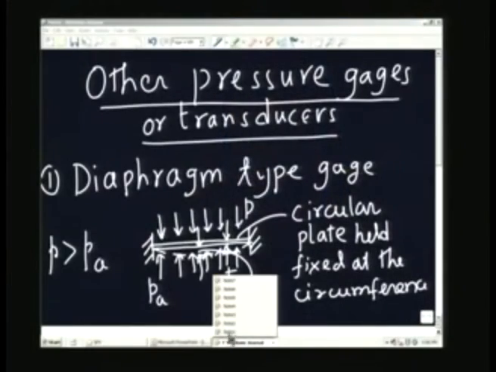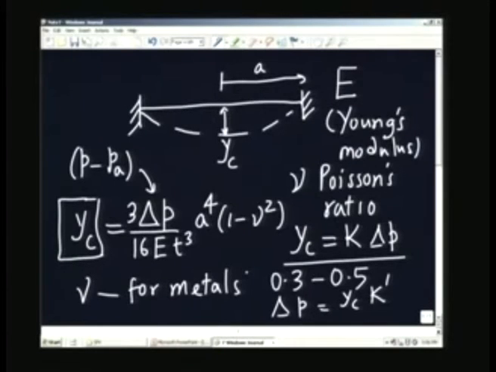So, if you are able to measure the displacement, you can relate it to the pressure by a simple linear relationship, delta p equal to y times k dash, where k dash is a constant determined once and for all by 3 by 16 E t cube a to the power of 4 times 1 minus nu squared.